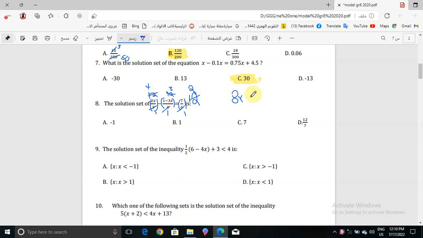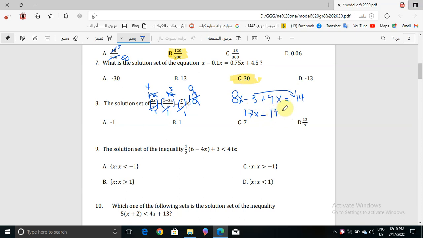So here it will be negative 3 plus 9x, which is equal to 14. Then we collect the like terms together, like 8x plus 9x, it will be 17x, then shift negative 3 with 14. That means is equal to what?